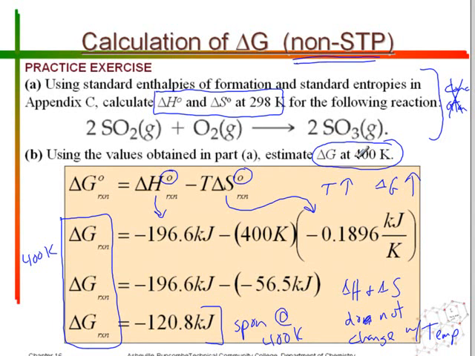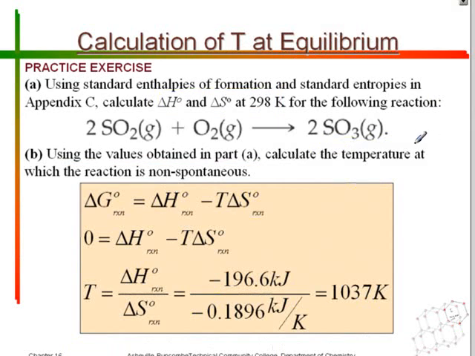And so what is that suggesting that we can do with this? It's going to allow us to calculate a temperature at which the reaction is non-spontaneous. Because remember, those first two calculations tell us that as the temperature increases, delta G started increasing. And there's going to be some point where delta G transitions over to a positive value.